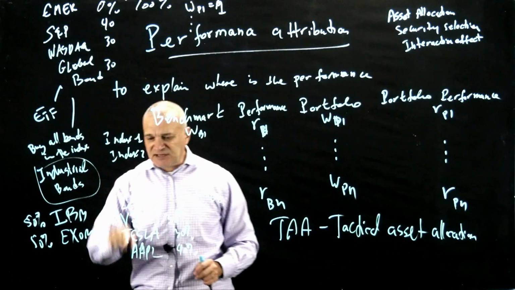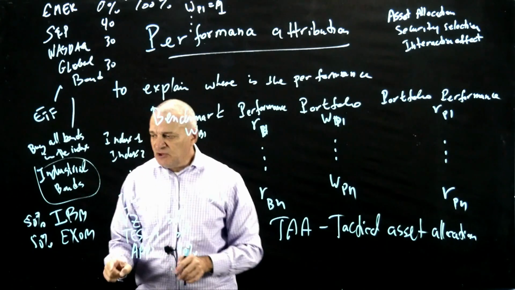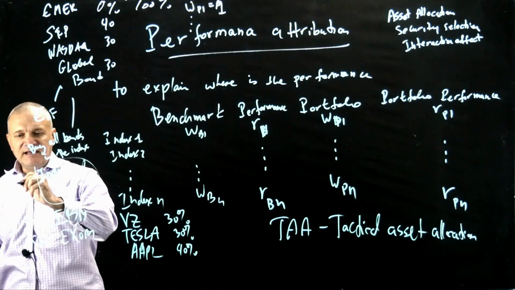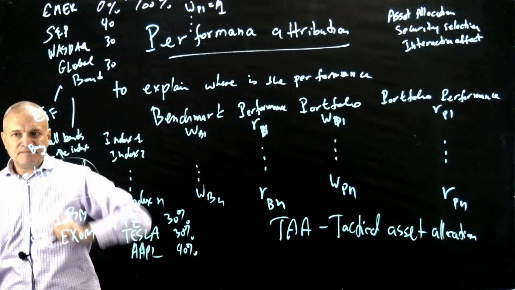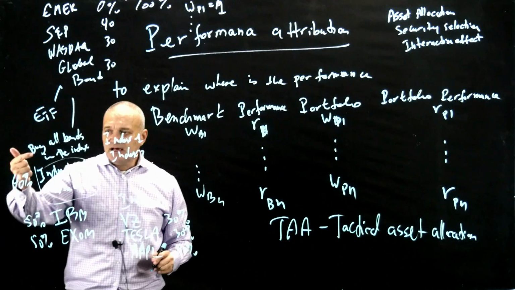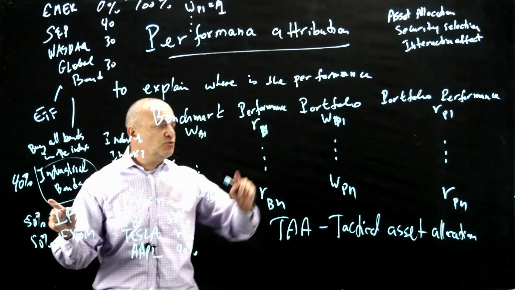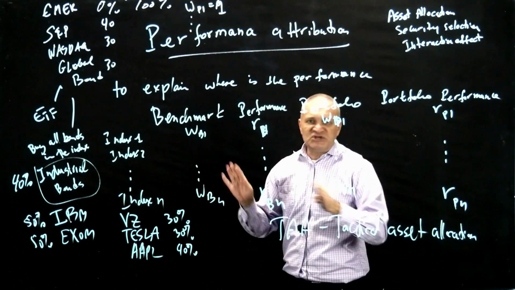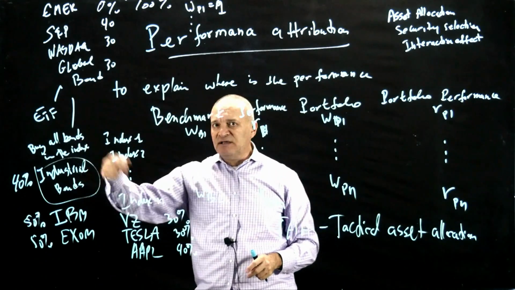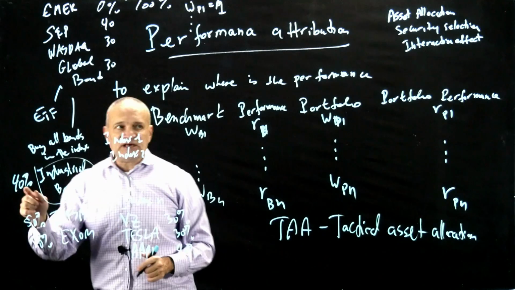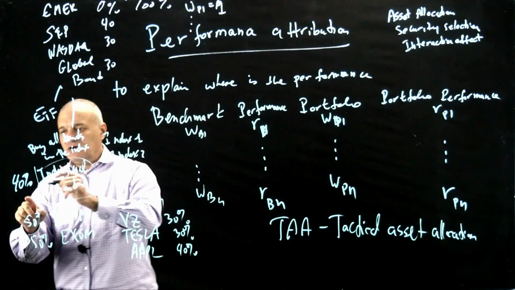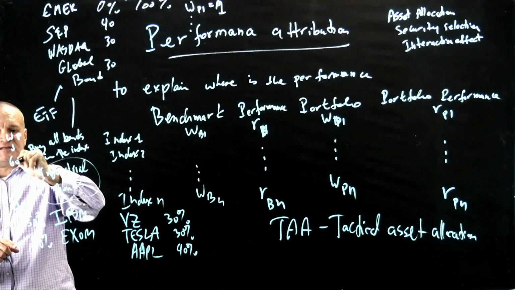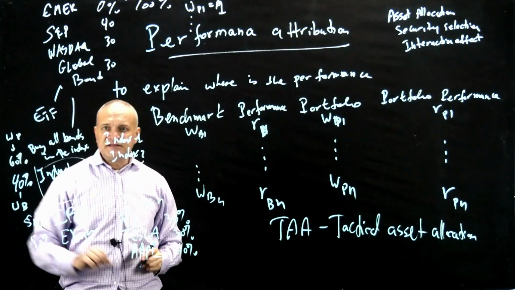So if you invest in industrial bonds, and let's say industrial bonds in your benchmark are 40%, then if you want to have just the TAA, you say, I don't know which security to select, but I know that industrial bonds will outperform. You can say that inside your portfolio, W portfolio is going to be 60%, and you invest in the same assets.